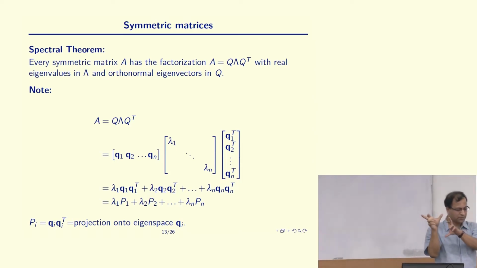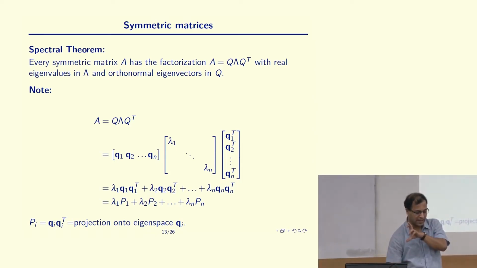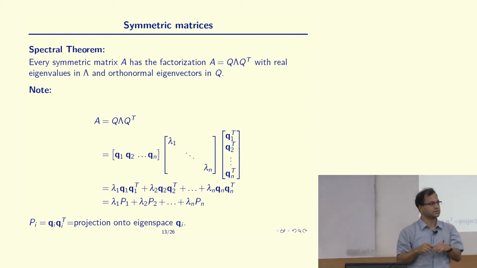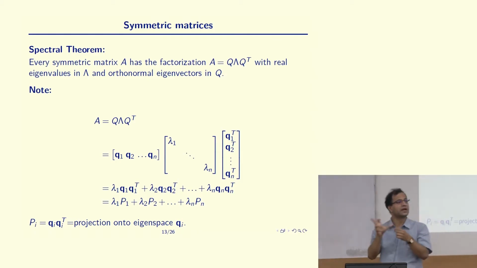So these capital P1, capital P2, capital Pn, which are basically Q1 into Q1 transpose, are rank 1 matrices. We have these orthogonal directions Q1, Q2, Qn, and then P1, P2, Pn are the projection matrices along those directions. So those are the rank 1 matrices.